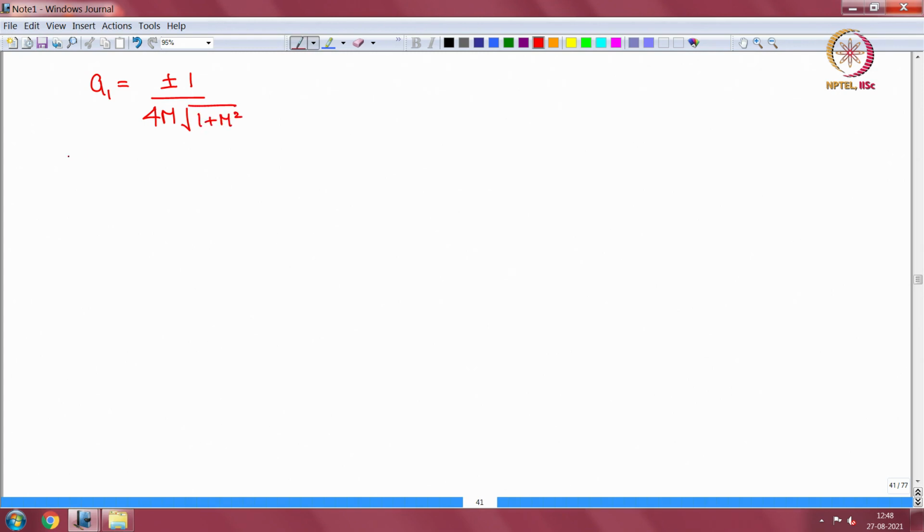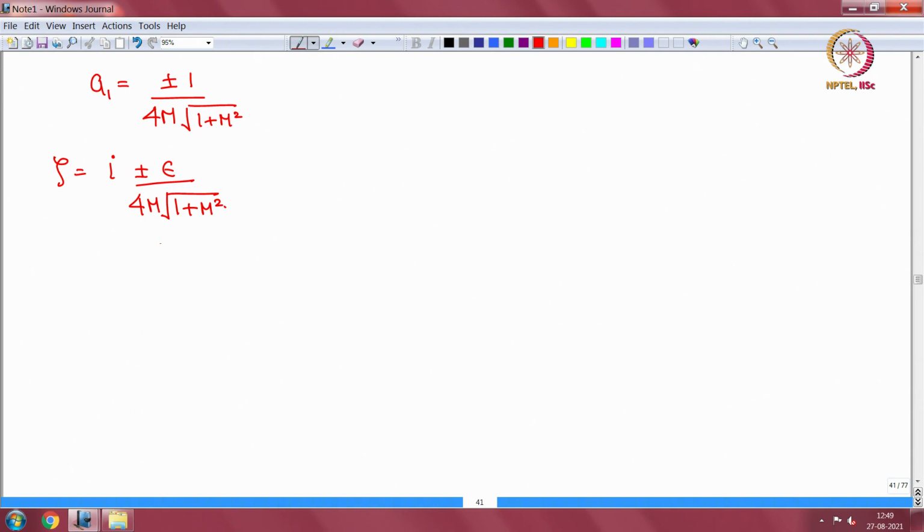So what is my new root near i? Zeta is equal to i plus A1 epsilon, so plus minus epsilon by 4m square root of 1 plus m square.